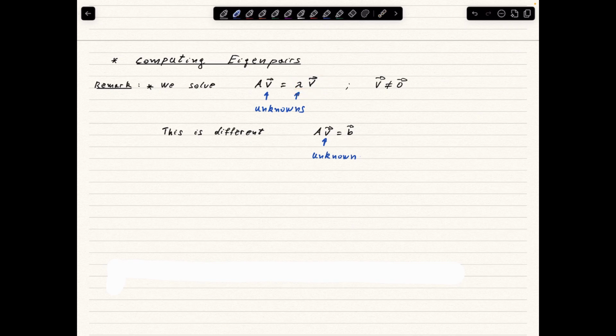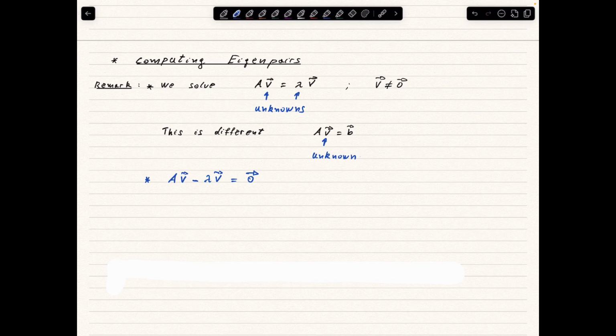Well, we are going to try to separate the problem. What we need to do is find both a vector and a number. We are going to try to separate that problem into two problems, finding the number and finding the vector. So how do we do that? One way to do that is, let's move this term to the other side. Okay, so we have A acting on v minus lambda v equals 0. This is the 0 vector.